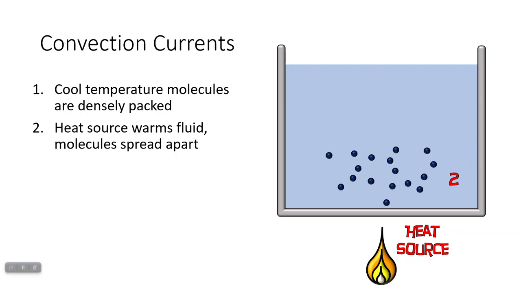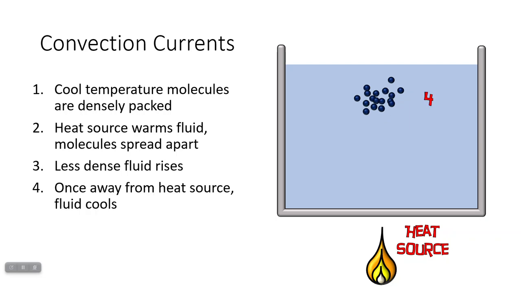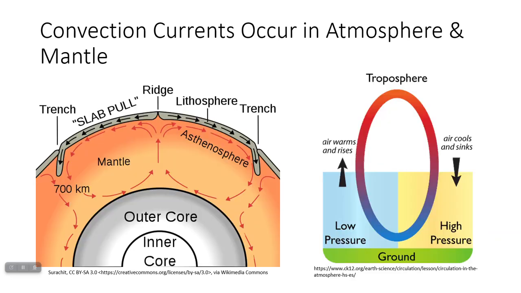When you have these widely spaced molecules, that is a lower density and that less dense fluid will rise. Once it rises away from the heat source, though, the fluid is going to cool, it's going to contract back to become more dense, and once it's more dense, it's going to sink. And this can happen over and over again, which ends up forming what we call convection currents.